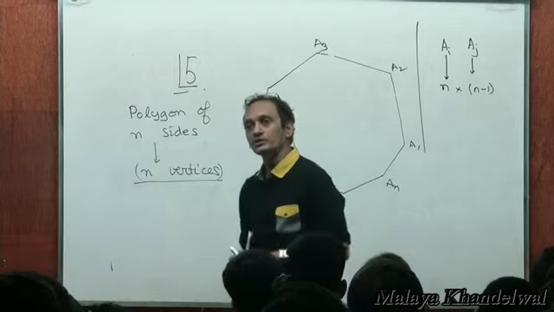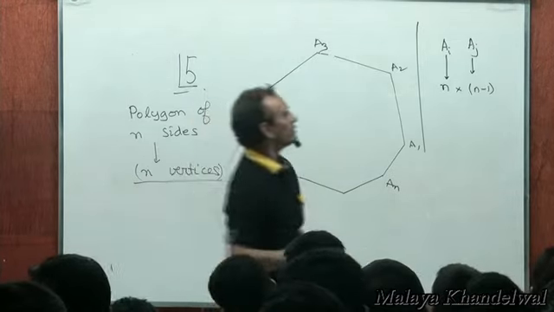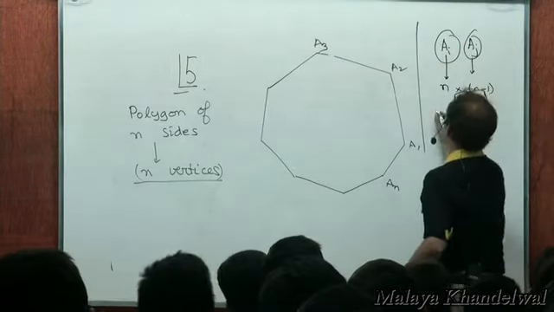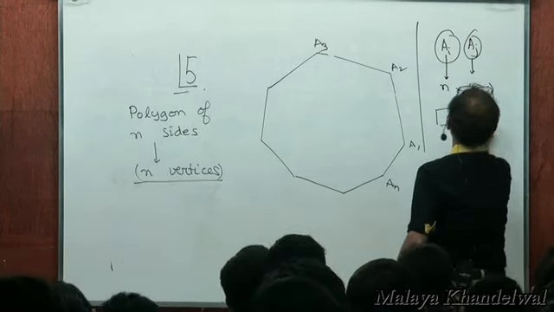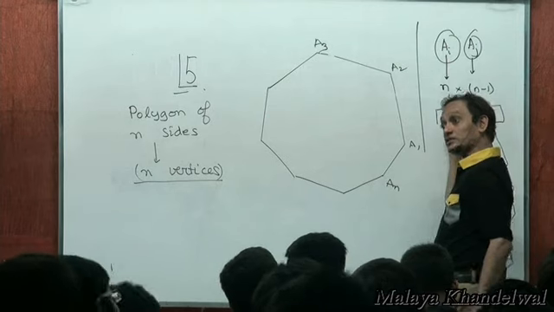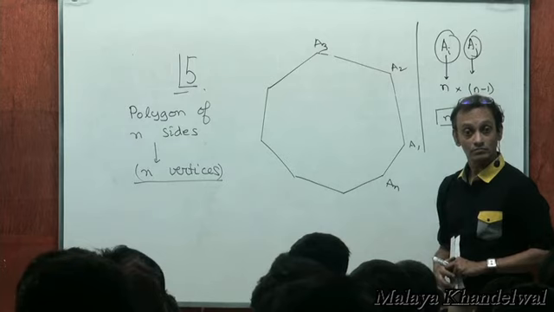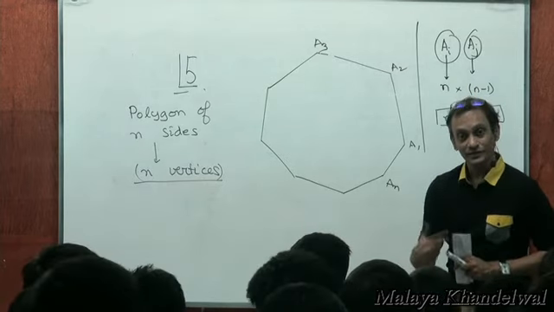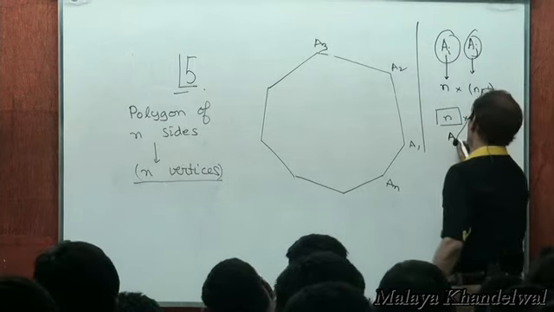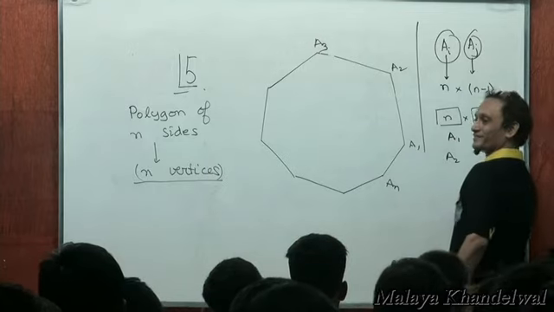Now, the problem here is that in this count, the space for the first vertex is filled up in n ways, and the space for the second vertex is filled up in n minus 1 ways. The order has been built in. That means if in this count, which is n into n minus 1, A1 and A2 have appeared, then A2, A1 will also appear.